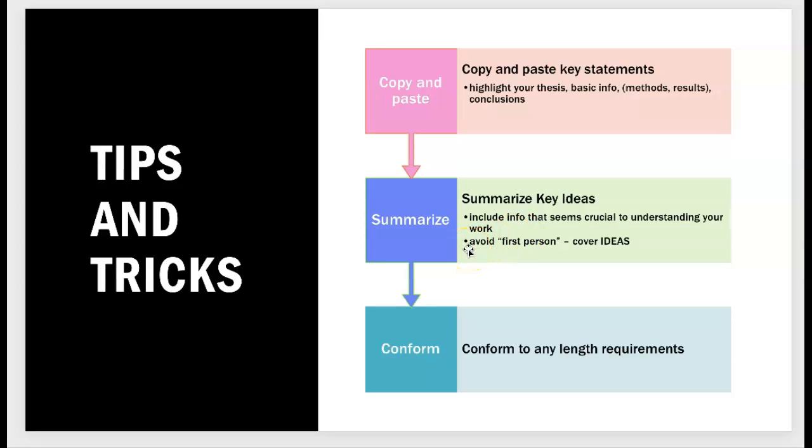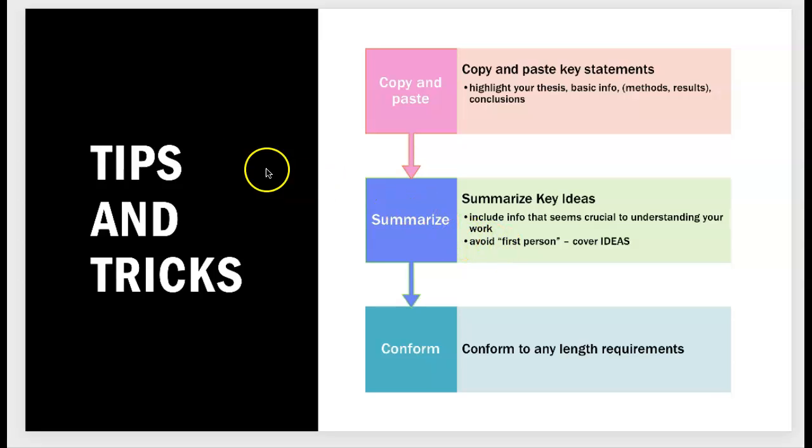The other piece of advice that I want to give you is avoid first person. You want to cover ideas, not say what you personally think or will do. The only time that it's appropriate to use I or any kind of first person pronoun in an abstract or a paper is when it's a proposal, because that's the idea, this I will do this, right?